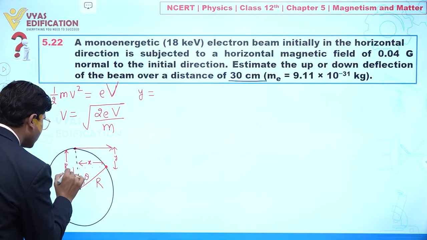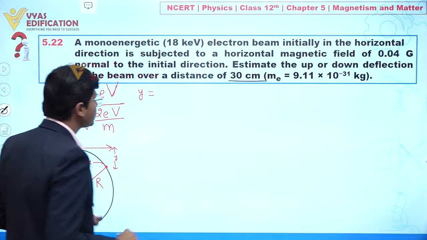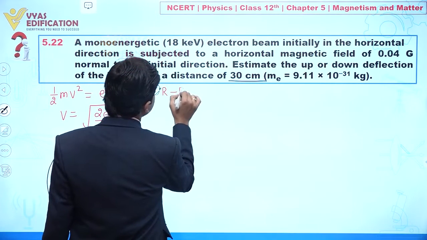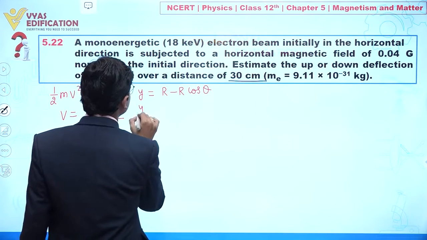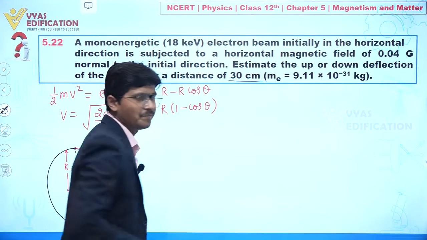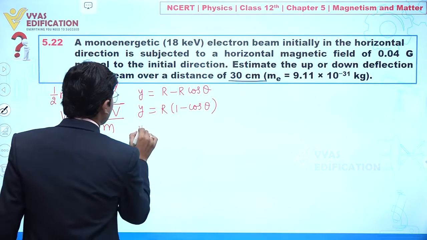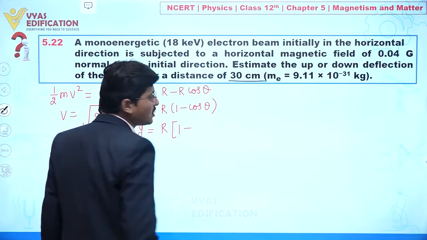So I can write y equal to r(1 minus cos theta).